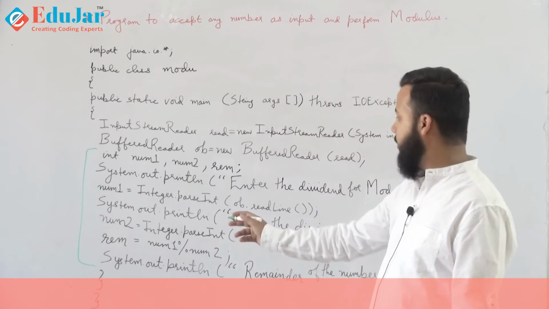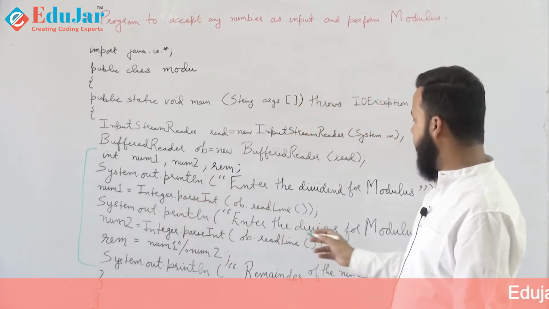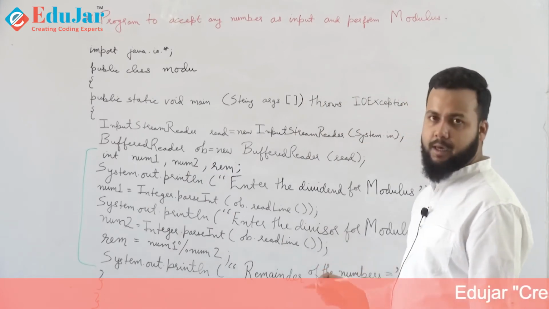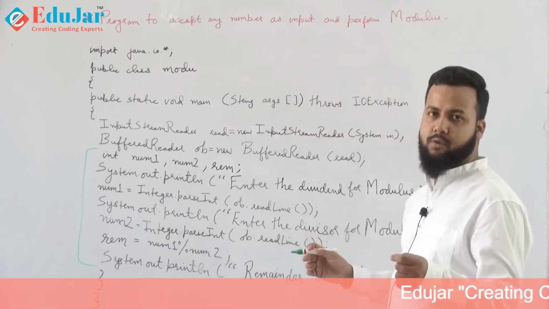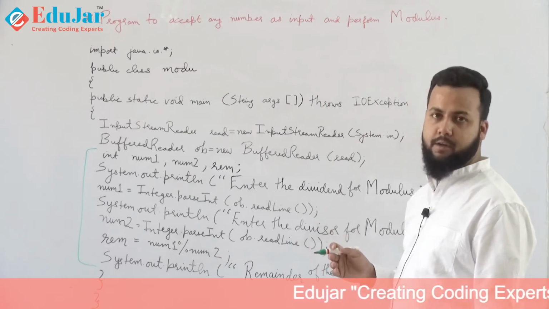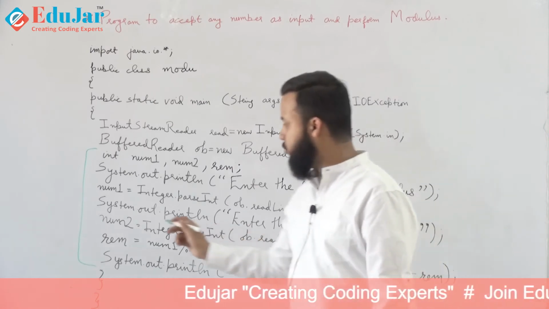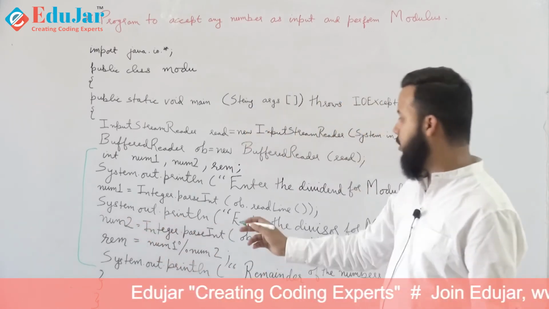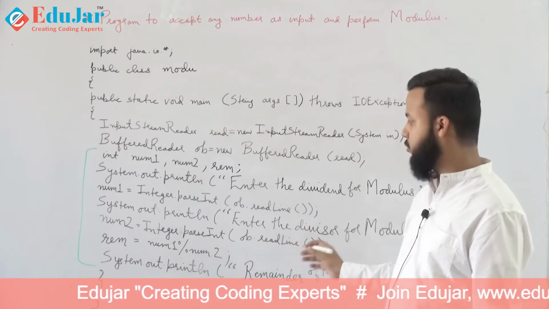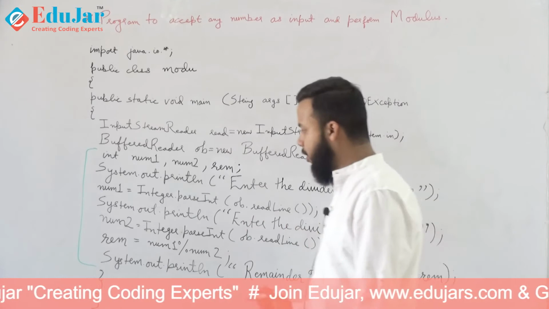In the same way we have given System.out.println, enter the divisor for the modulus, as we are giving a message to the user to enter a divisor that will be used for modulus division, and we will store this in num2 with Integer.parseInt(ob.readLine()).